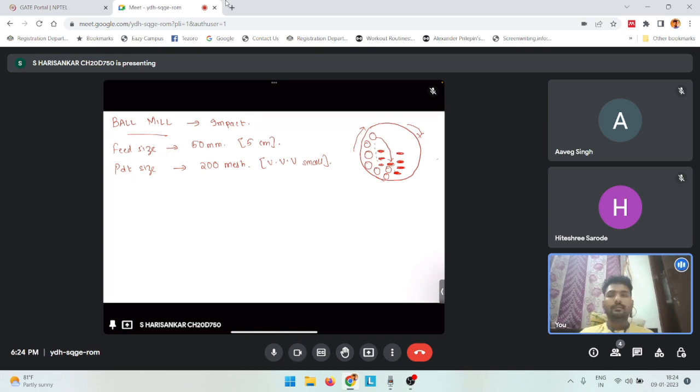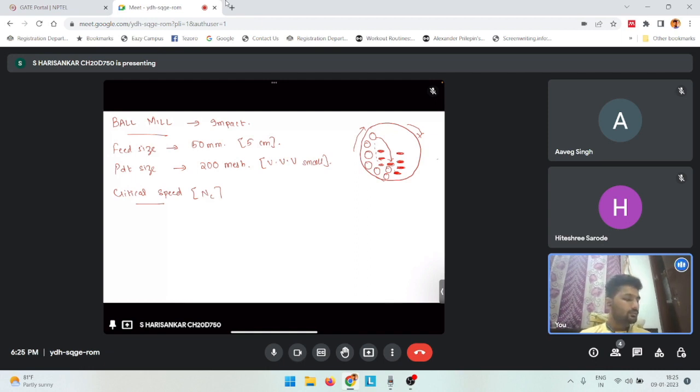So one of the most common relations that you can use for ball mill is something called critical speed. You denote it using the term NC.